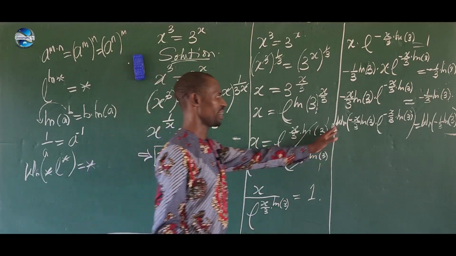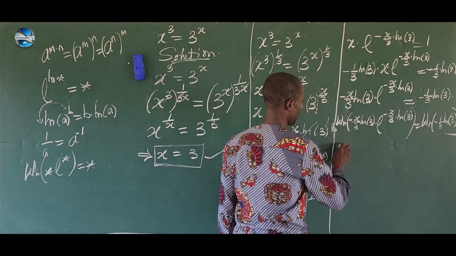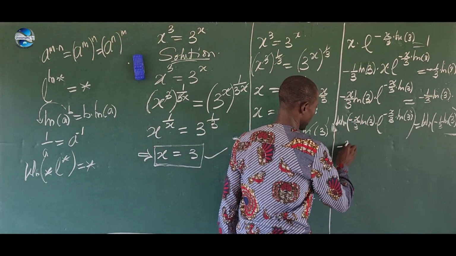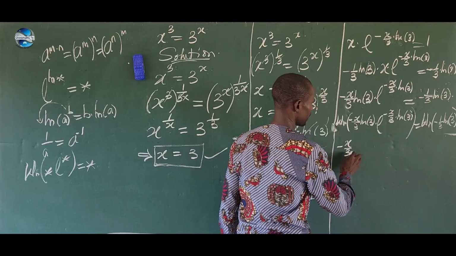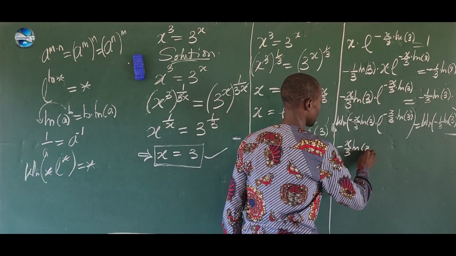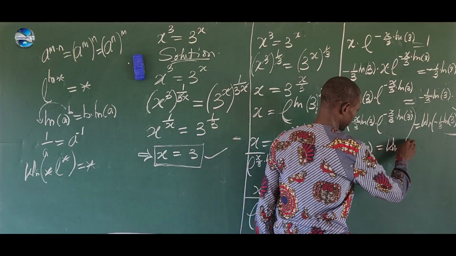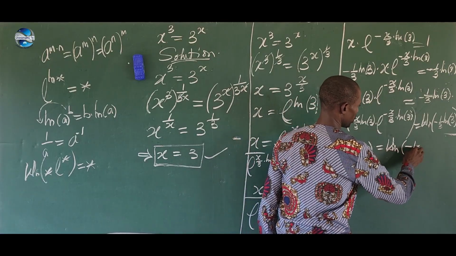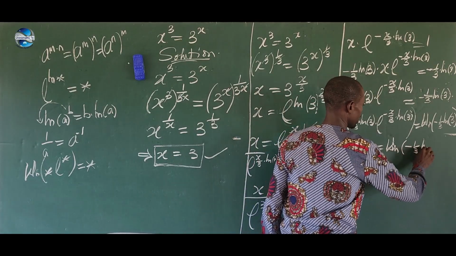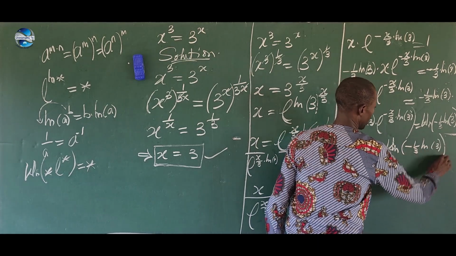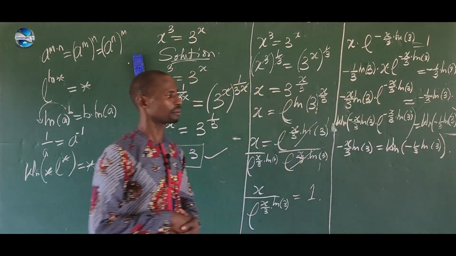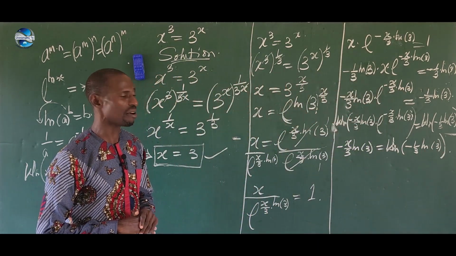So what happened? Everything here will now give us minus x all over 3 times ln of 3 is equal to the W function of minus 1 all over 3 times ln of 3. Okay, so we are looking for x here.